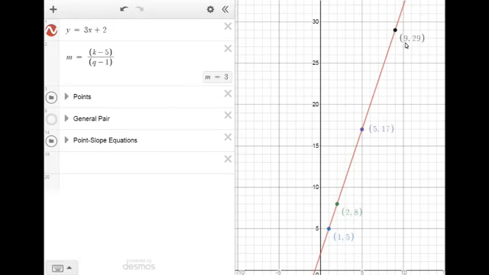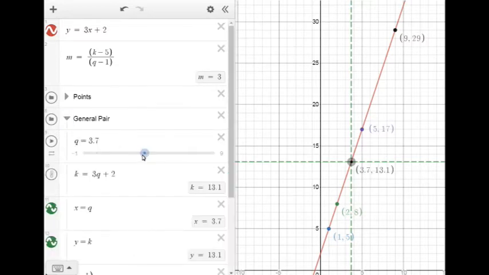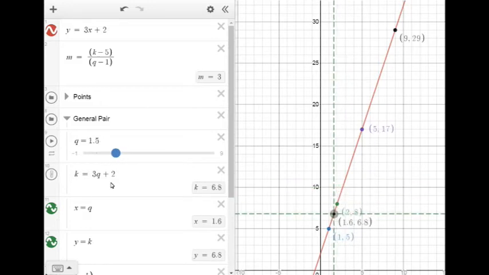The slope that we calculated for each of those was always 3. We looked at just a few points. In this particular case, I've added a general pair that can move over the entire line. And we'll start all the way back here.